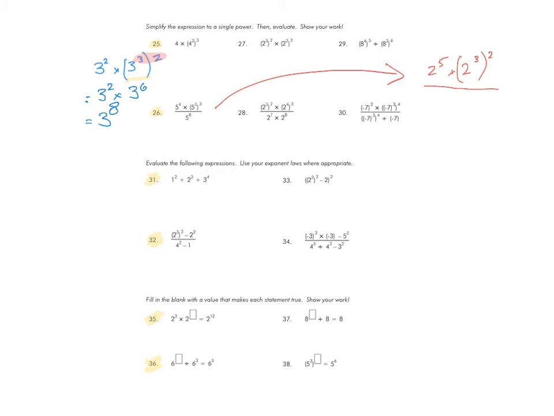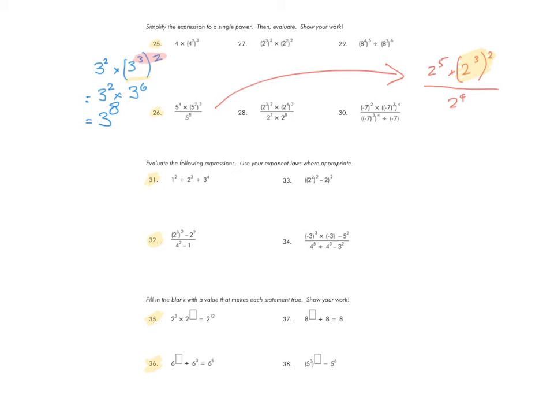And then on the bottom, we have 2 to the exponent 4. So how do we go about doing that now? Well, again, what we're going to do here is take a look at this first. We're going to simplify that right there first.